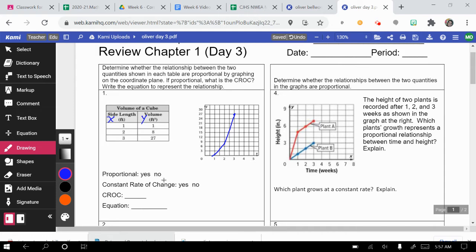No. See, it has a little bit of a curve. That's how some of your graphs are going to be, especially when you get into algebra in high school. You're not going to have linear equations. So is there a constant rate of change? If it's not a straight line, there is not. So we're not going to worry about these.